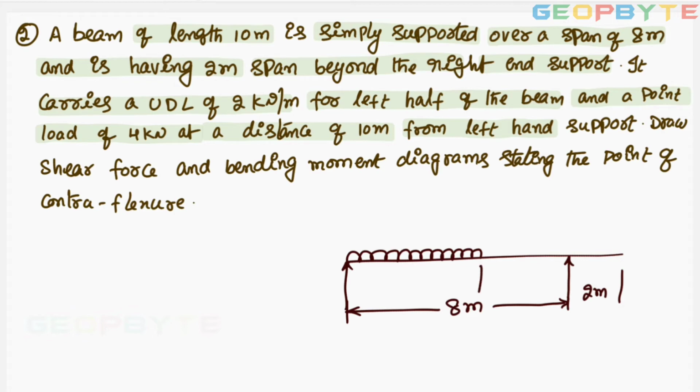For the first half from the left, UDL is acting. This is the 5 meters, and this is the 3 meters. The magnitude of that load is 2 kilonewton per meter, and a point load of 4 kilonewton at a distance of 10 meters from the left end support. 10 meters means exactly at the end. The load is 4 kilonewtons.